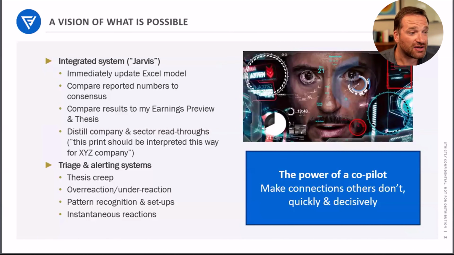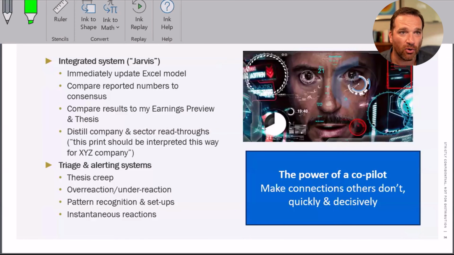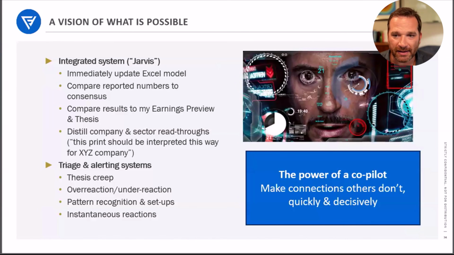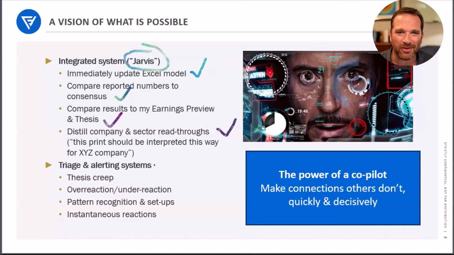But I think there is a vision of our industry ultimately being pretty transformed by AI and workflows. It's sort of the integrated system, the Jarvis system in your Iron Man suit, if you will, of, hey, I can immediately update the Excel model, compare those numbers to consensus, compare that to my earnings preview and thesis, distill company and sector read-throughs, all in an instantaneous way with a triage and alerting system saying, hey, your medtech long is printing over here.